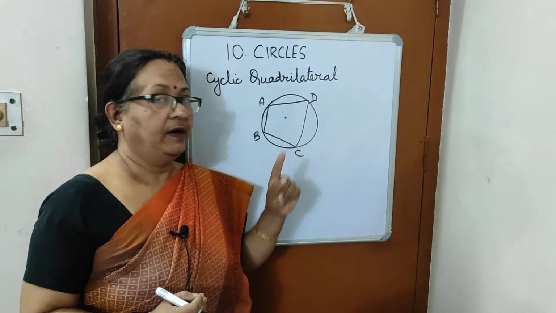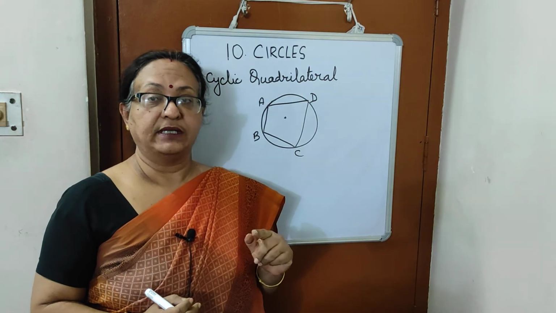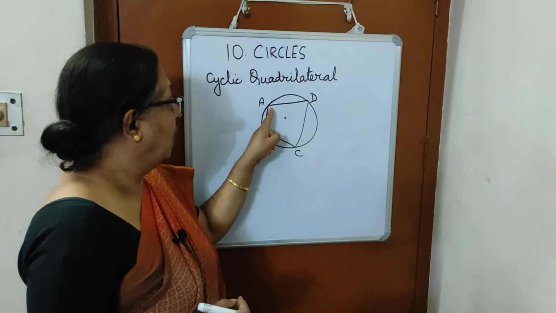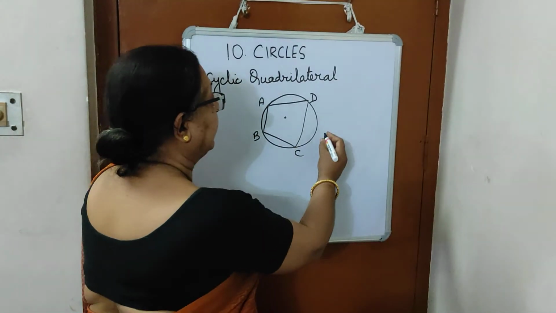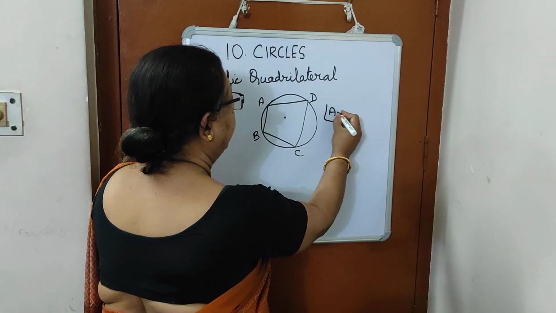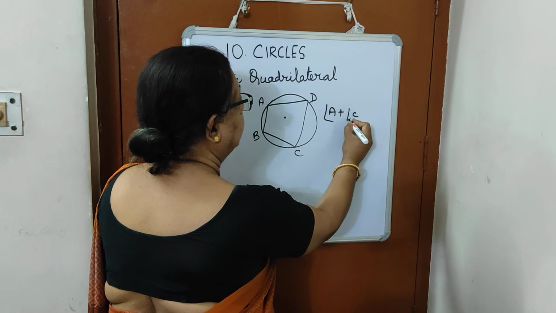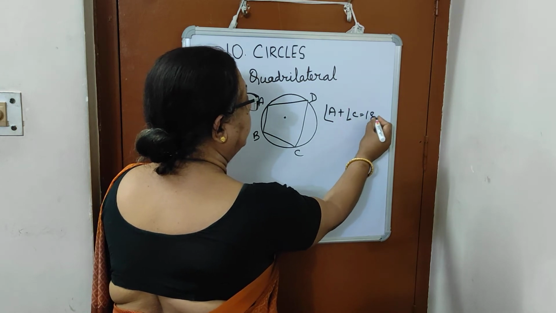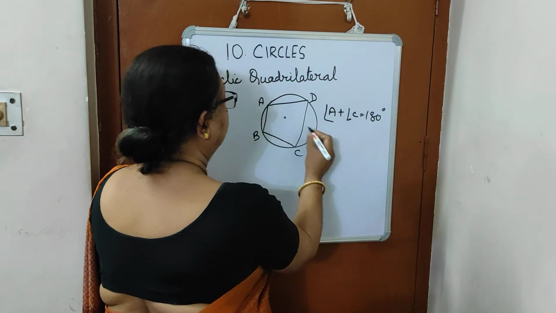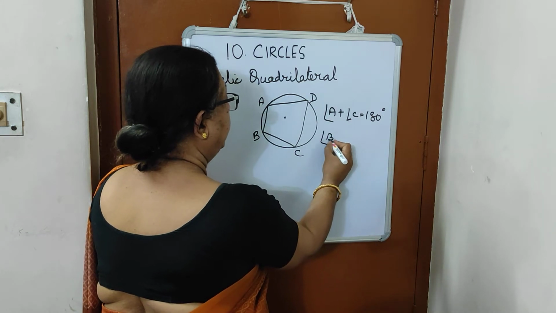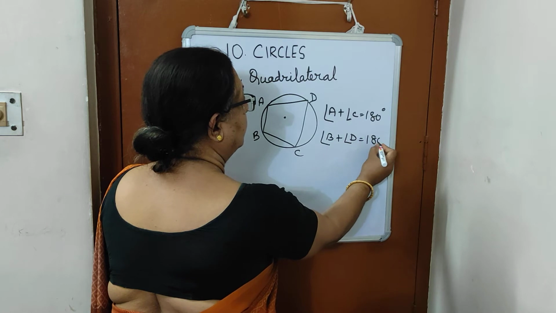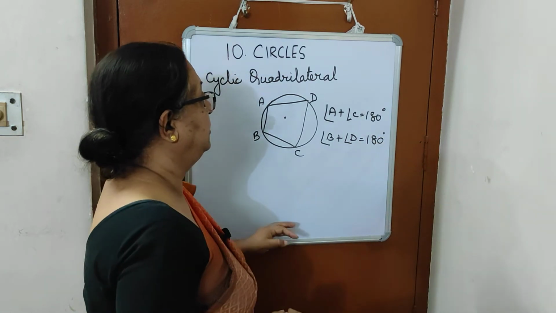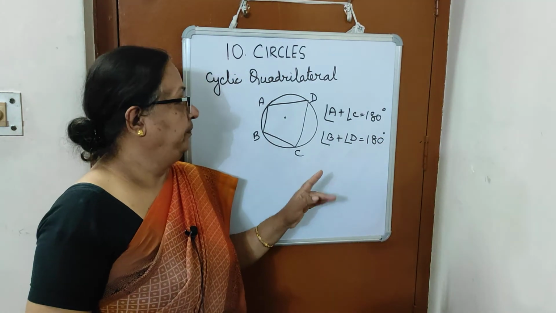Now the cyclic quadrilateral has a special property. What is it? The sum of opposite angles of a cyclic quadrilateral is 180. That is, angle A plus angle C is equal to 180 degrees. Similarly, angle B plus angle D is also 180 degrees. Okay, children.